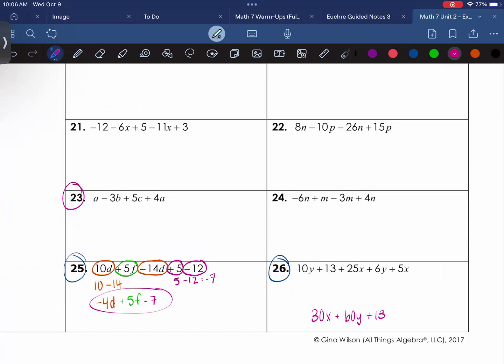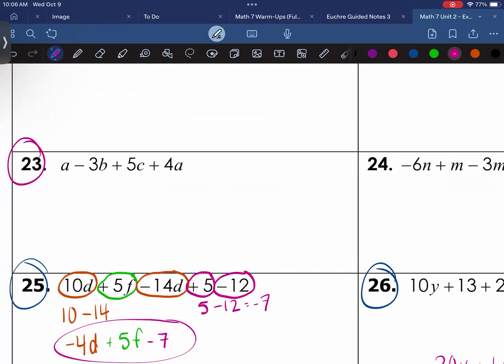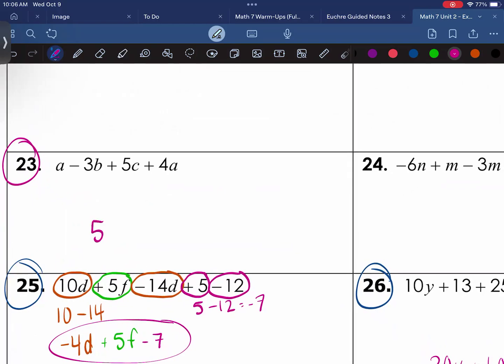All right, if you needed that extra practice, pause the video here and then play it again when you're ready to see the answer for 23. You should have gotten 5a minus 3b plus 5c. Again, if you're getting these wrong, raise your hand, stop the video, and ask for help.